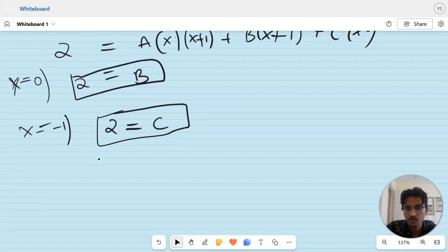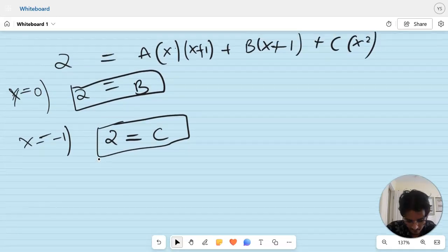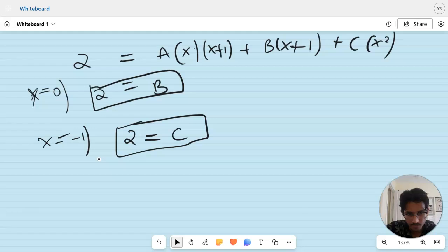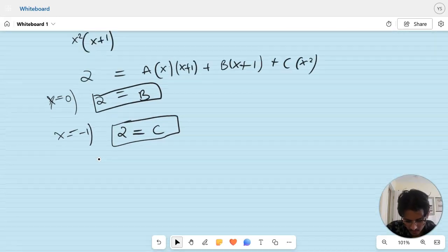Now for our last value, A, how about we set x equal to 1. Since we don't have a number that could cancel both B and C out, let's set it to 1 and see how we could solve it.